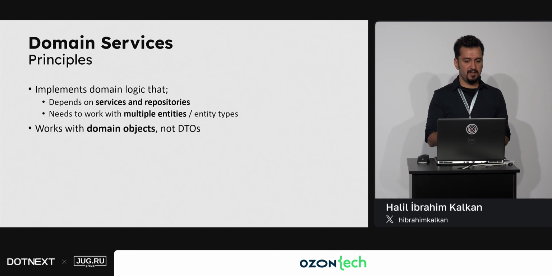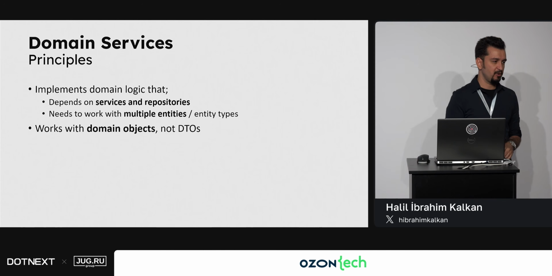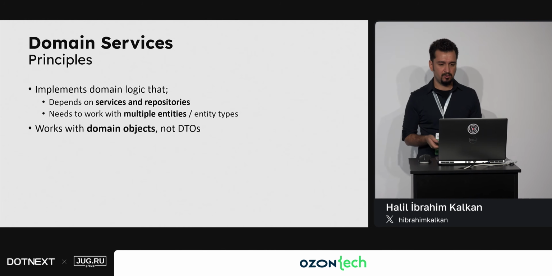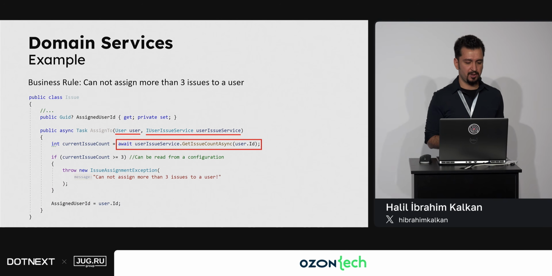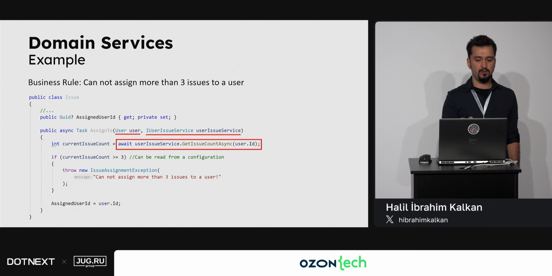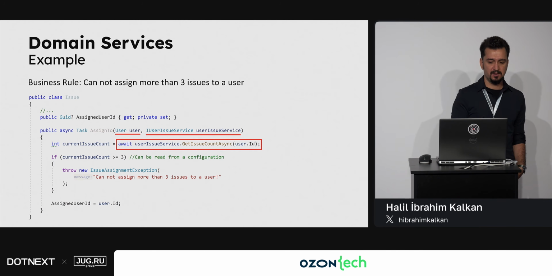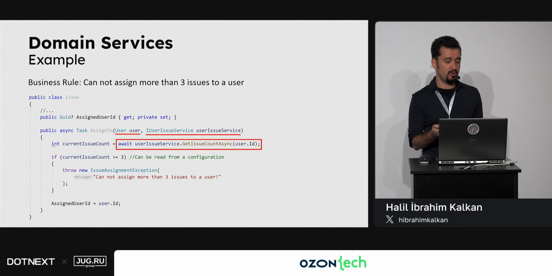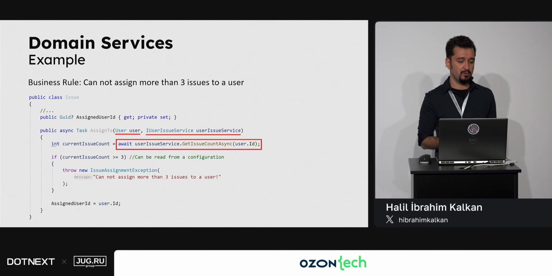So when you create domain services, a domain service works with domain objects like entities, value objects, aggregates, and so on, not data transfer objects. Example, you remember, we were getting the user issue service for getting the issue count assigned to a user.